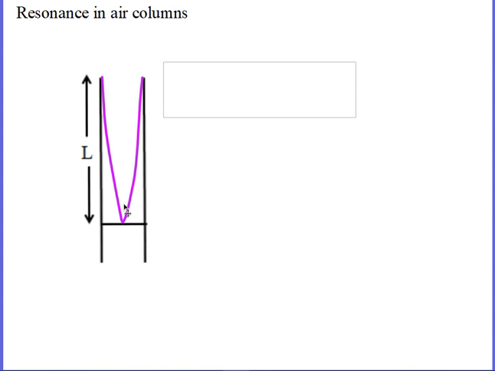Very important detail, however. The reflection here happens because of a change of medium. It happens here because of a change of medium at the surface of the water. And this change of medium is because of a change of impedance. Inside of the tube, there's one impedance for air, and out here, there is a different impedance. And it turns out we have discovered that that change of impedance does not happen at the top of the tube. It happens at a hemisphere at the top of the tube.